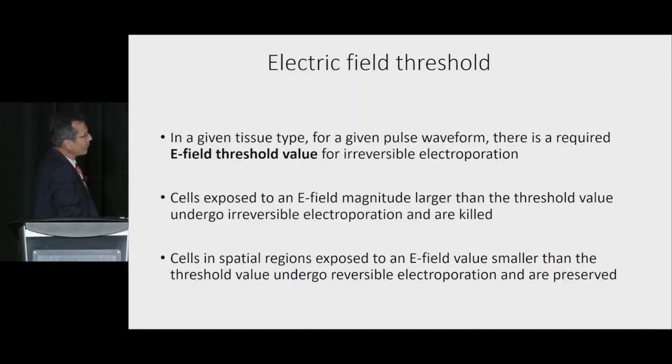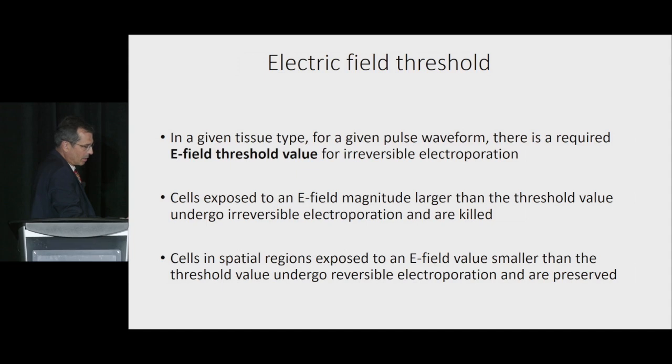So in a given tissue type for a given pulse waveform, there is a required electric field value threshold to be reached to create this irreversible electroporation. This is a very important concept to have in mind. You have to reach a certain value for this electric field to obtain what you want, which is these big permanent holes in the cell membrane.